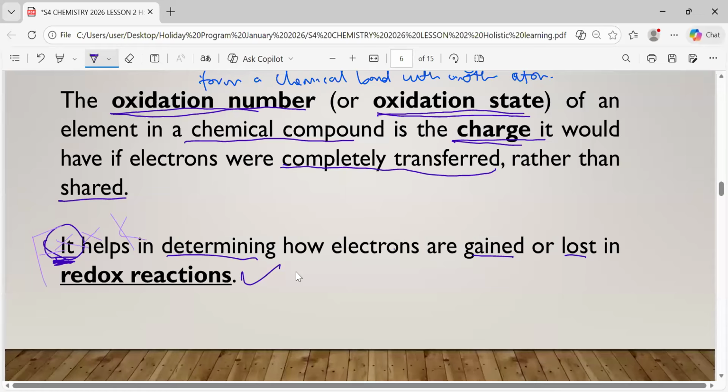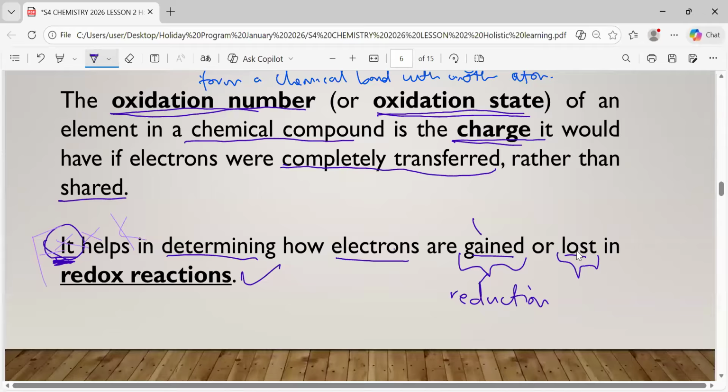And you recall, if you get to know that electrons have been gained, which kind of reaction is that? If they have been lost, which kind of reaction is that? A reaction in which electrons are gained is known as what? Is it oxidation or reduction? Reduction.